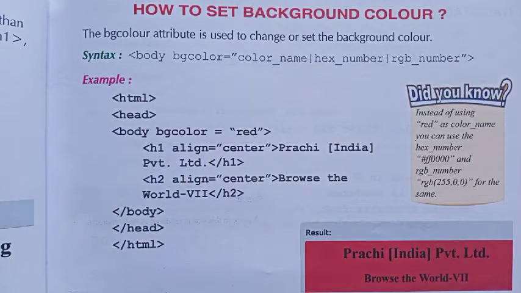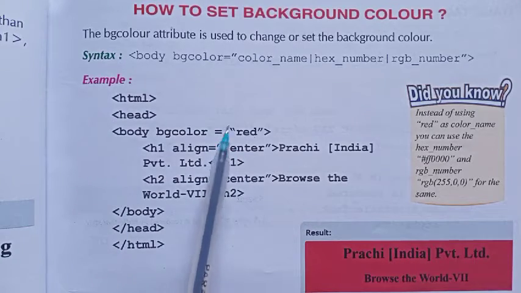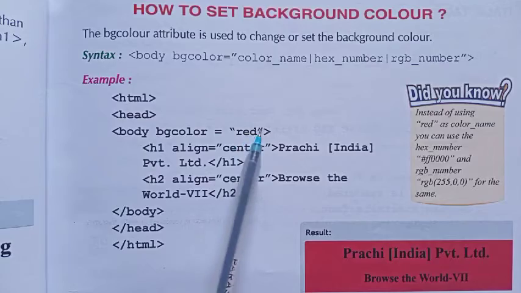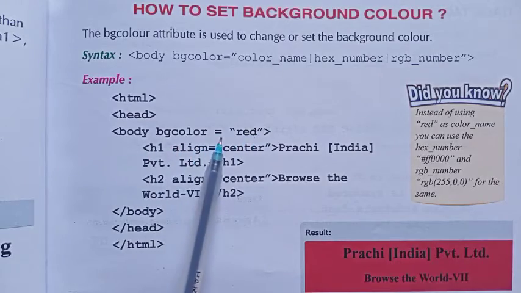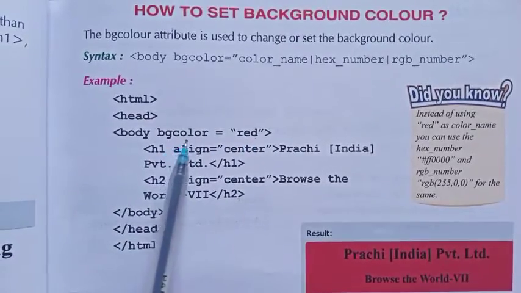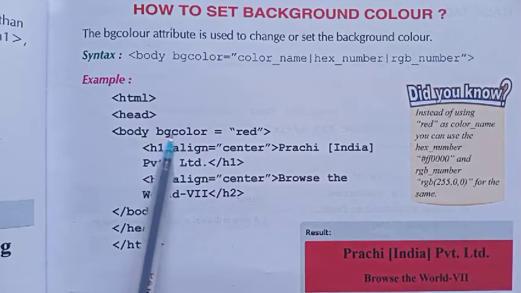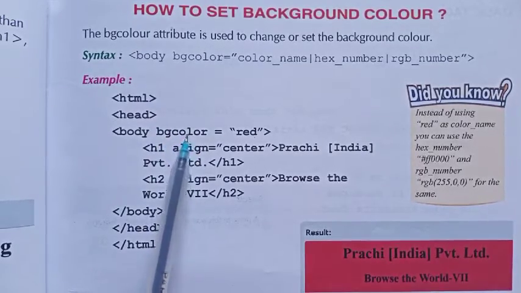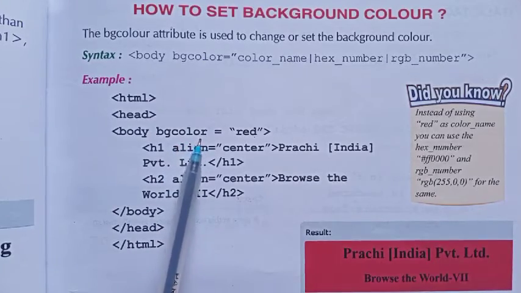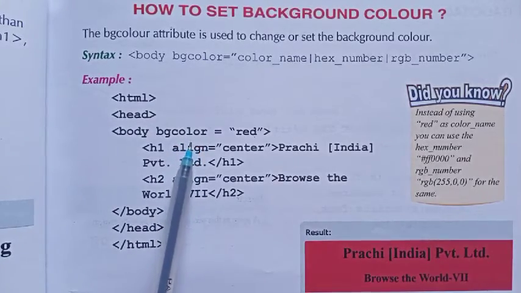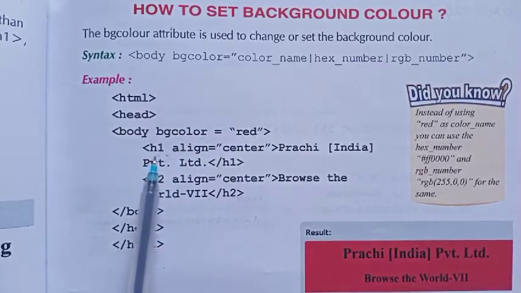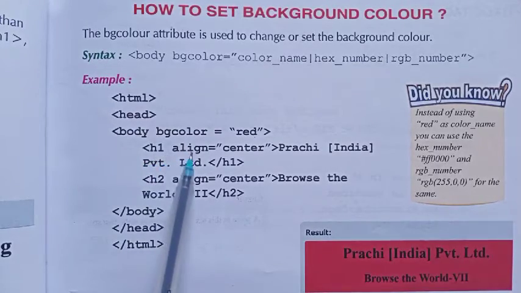You want red, yellow, blue, green, whichever color you require, that should be written after equal to in inverted commas. Body bgcolor equals to red. There shouldn't be any space between bg and color. And remember, the spelling of color here is going to be COLOR, not COLOUR. It won't be accepted.